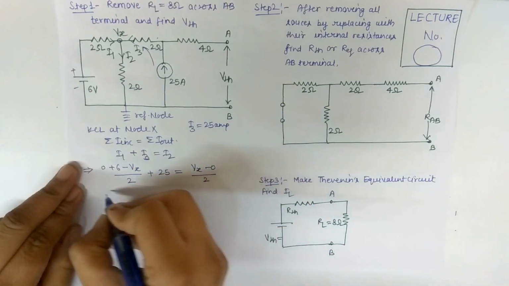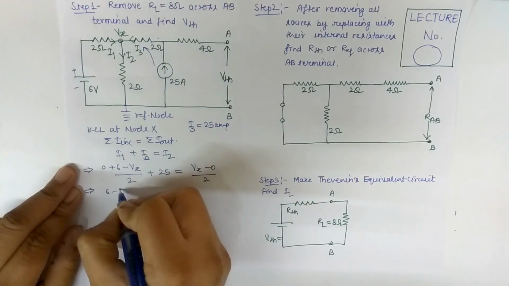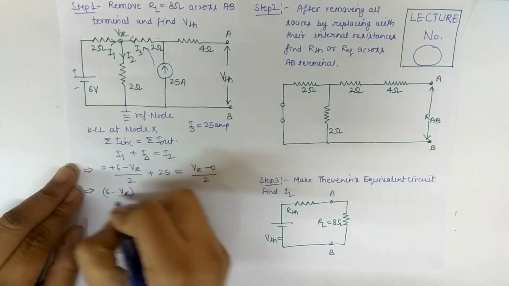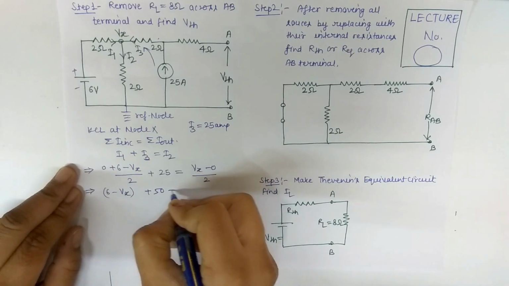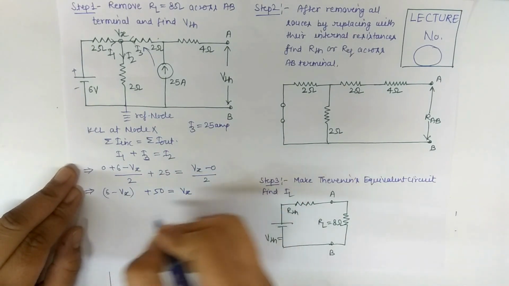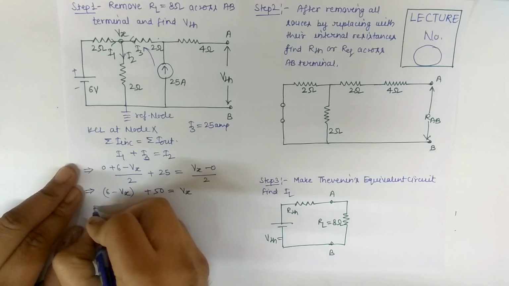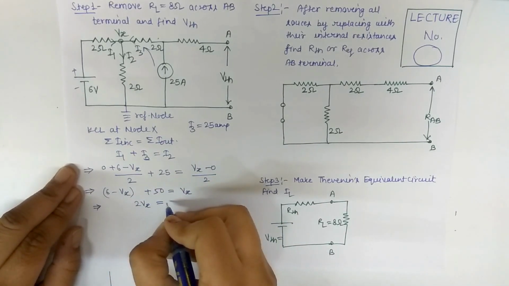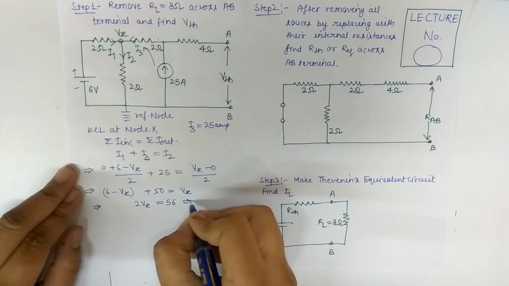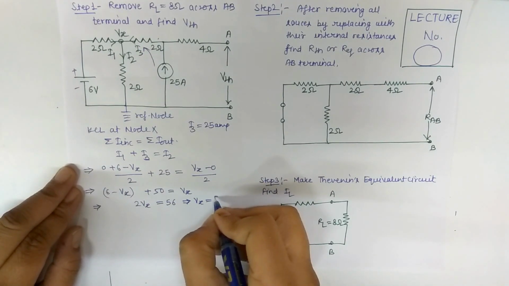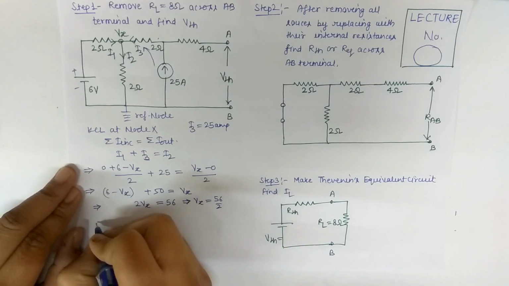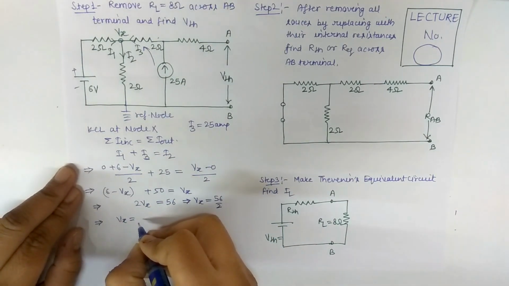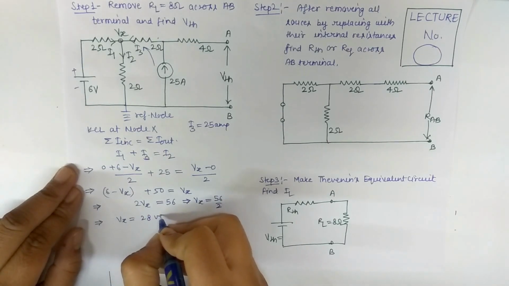Now we solve this. Multiply this whole equation by 2. So 6 minus Vx plus 50 is equal to Vx, and twice Vx is equal to 56, and Vx is equal to 56 divided by 2. In this way we find Vx, that would be 28 volt.